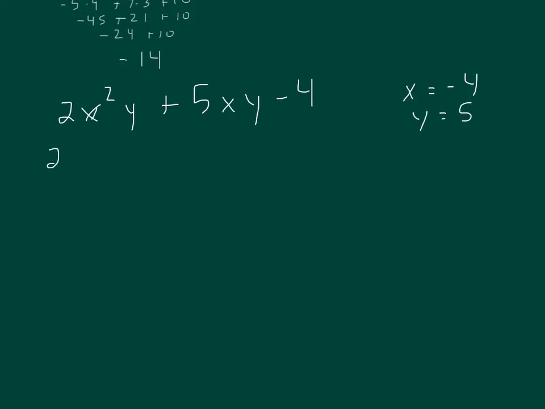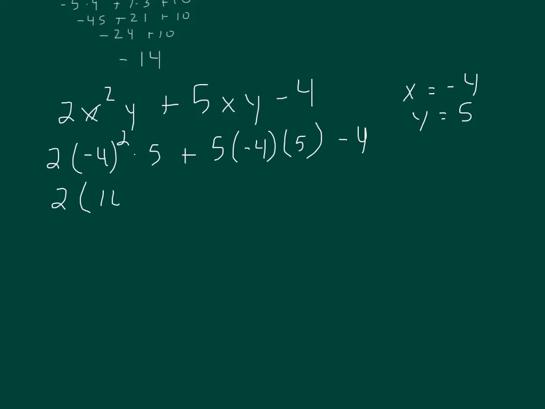So we have 2 times negative 4 squared times 5 plus 5 times negative 4 times 5 minus 4. I haven't worked this out ahead of time, so hopefully my brain's working here. So we square that: negative 4 squared is positive 16, so 2 times 16 times 5 plus 5 times negative 4 times 5 minus 4.